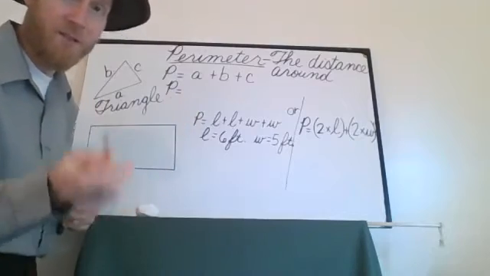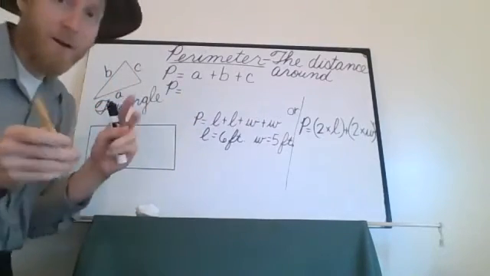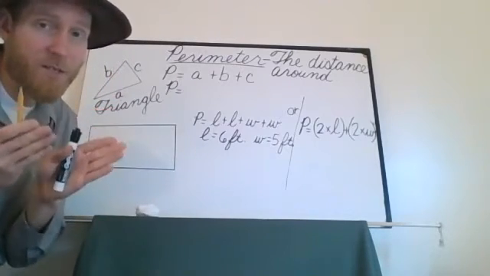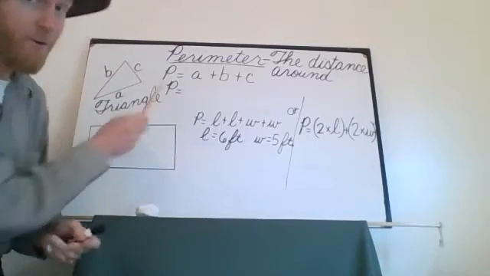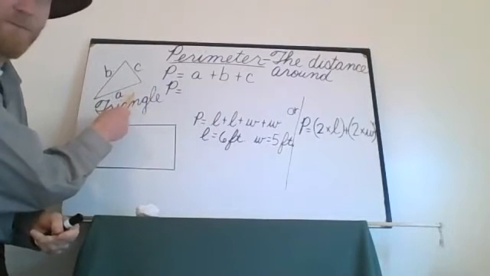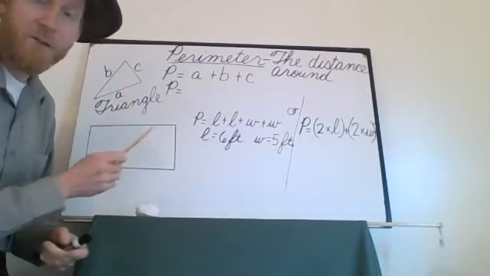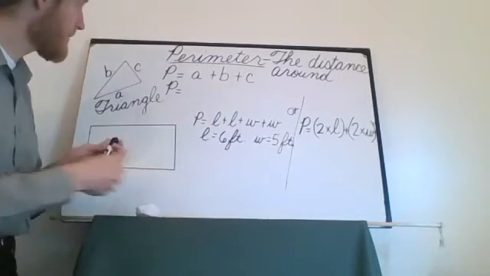There are formulas for that. For example, we're going to talk about 2 kinds of perimeter problems. There is perimeter for solving a triangle, like what you see here, and a perimeter for solving a rectangle. There are 2 different formulas that you will learn.